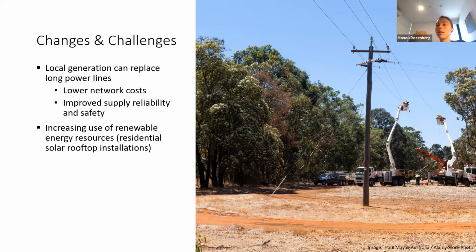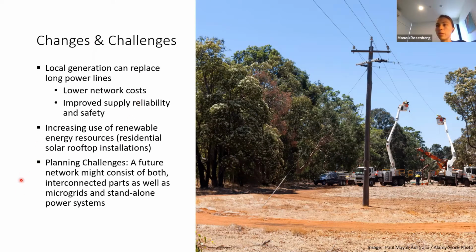There's already an uptake, and Australia is recording record numbers in rooftop solar installations. A lot of people have photovoltaic systems on their roof now, and Australia is seeing a large uptake in those installations, with record numbers in 2020 and probably 2021 as well.